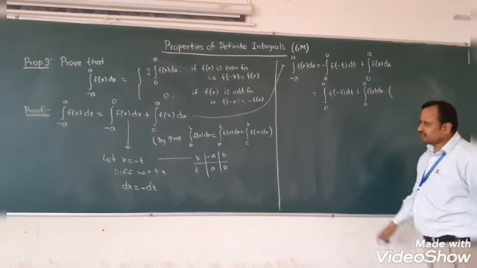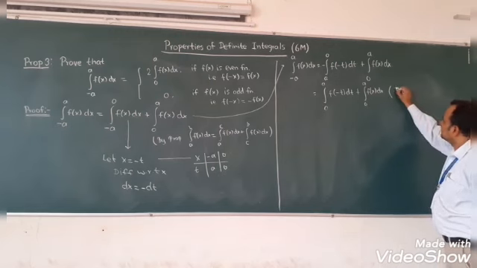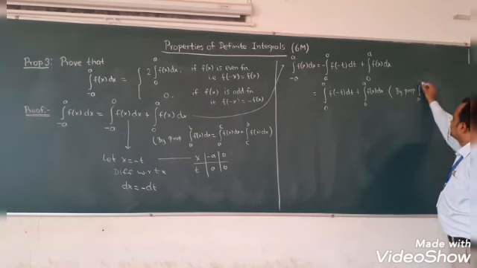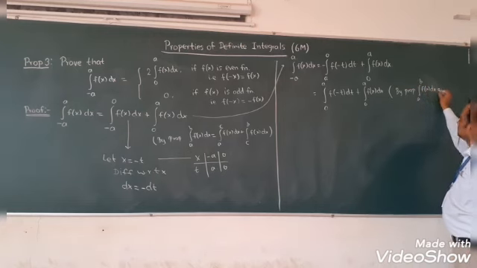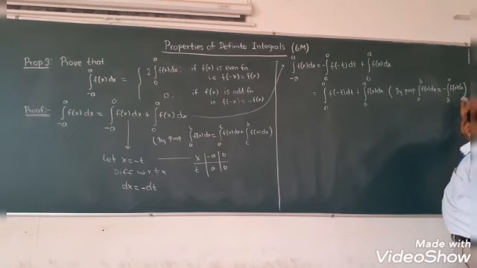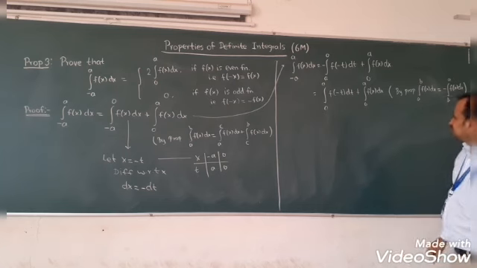By which property? Again, can I say same property? So here I can say by property, integral a to b f of x dx is equal to minus of integral b to a f of x dx. I hope it is clear.